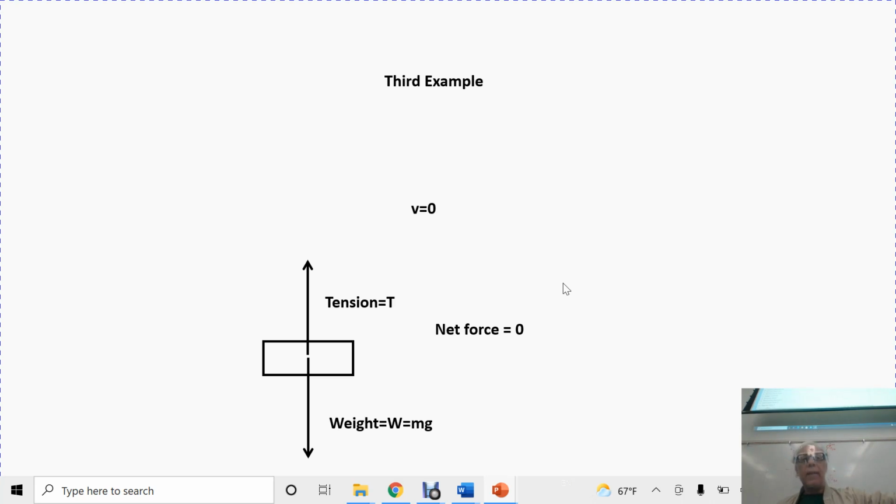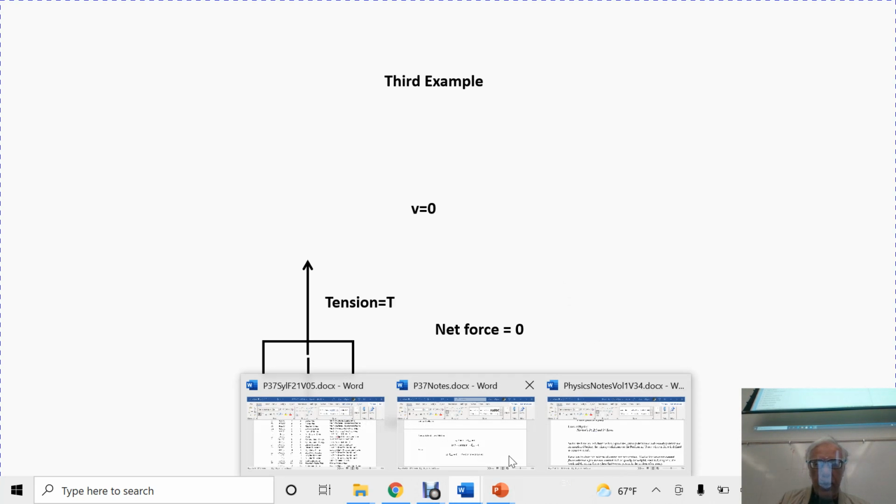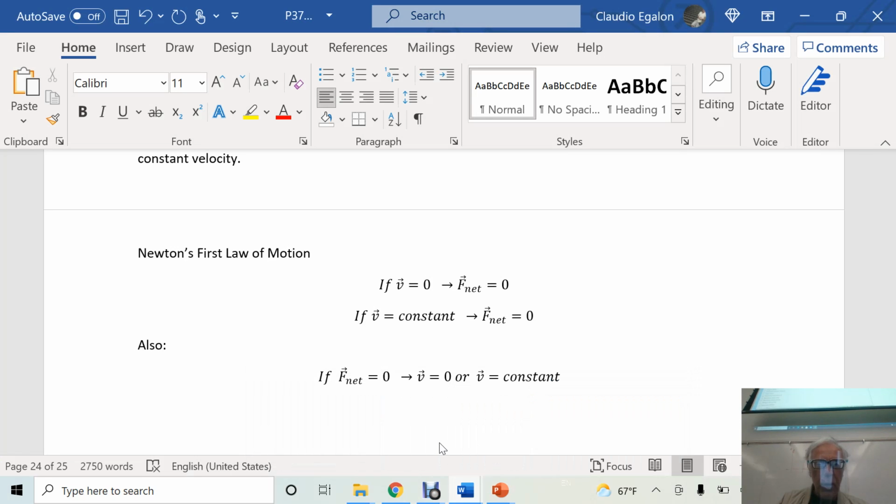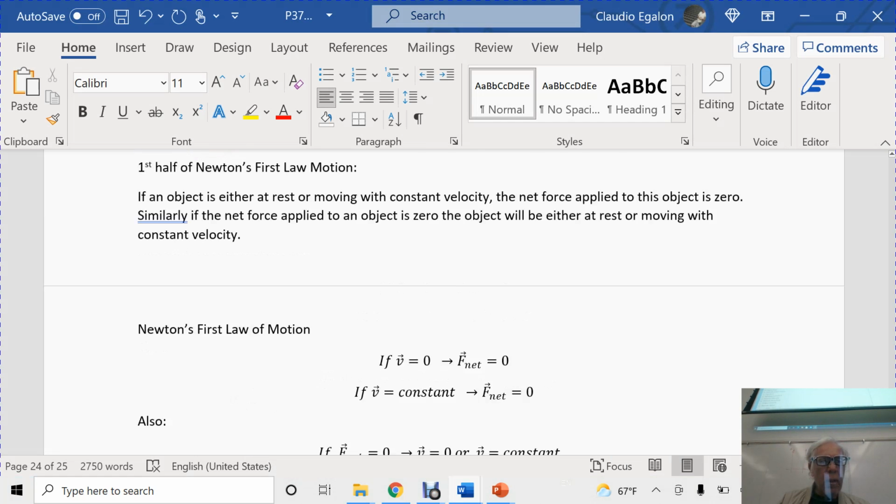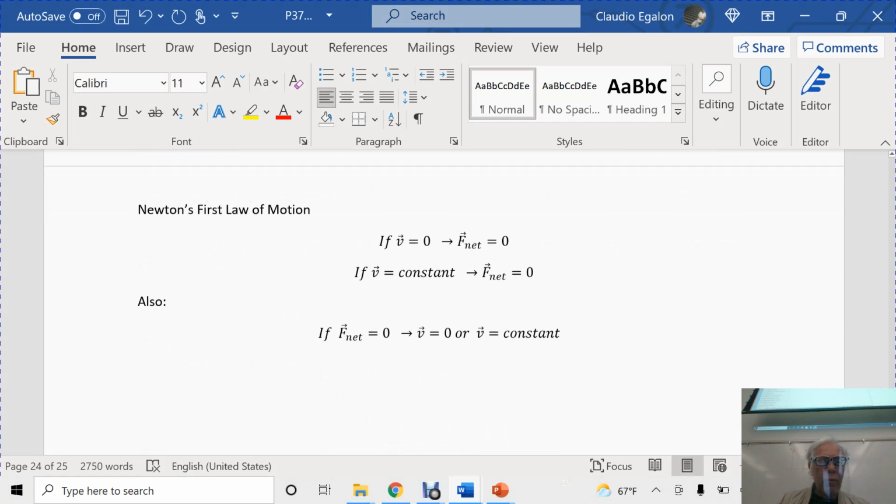A third type of force. Types of force: weight, normal, tension. There are more, but let's stop here for now.